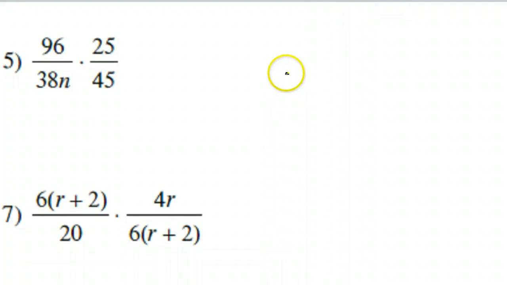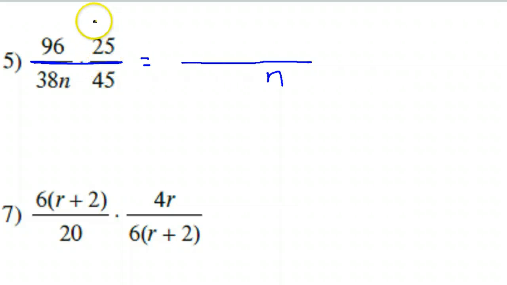Alright, let's take a look at number 5. N is the only variable, so whatever else happens, again, I'm going to have n on the denominator just sitting there. Now, let's do the prime factorization for everything else. Some of them we can do in our head, like 25 is going to be 5 times 5. Those are prime numbers.